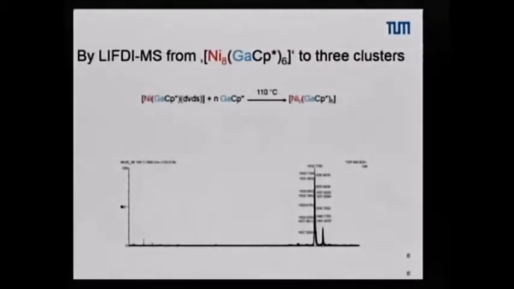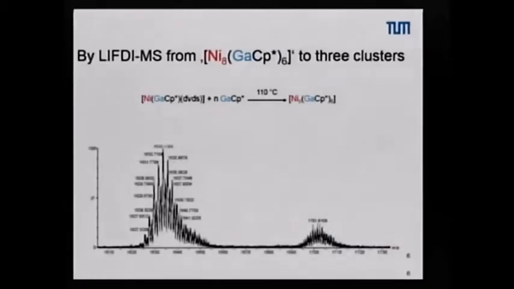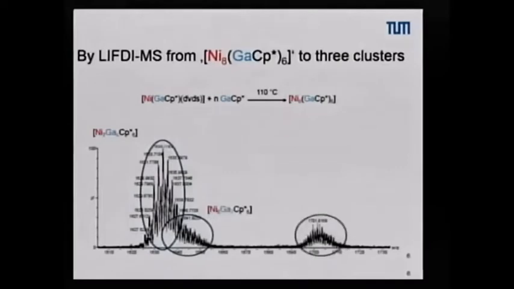But then we did mass spec from this cluster. When you zoom into it, you see that you have 3 different clusters, and they all co-crystallize. So you already see you have this Cp* 6 shell, and then you have 13 or 14 metals in there, as Augusto already said.